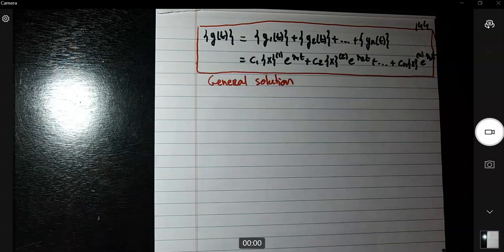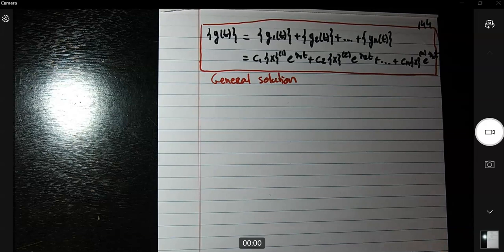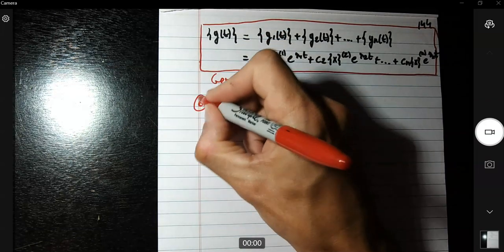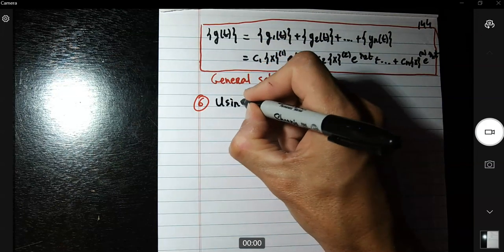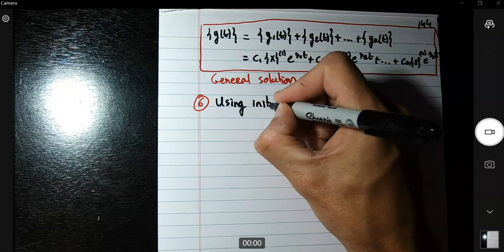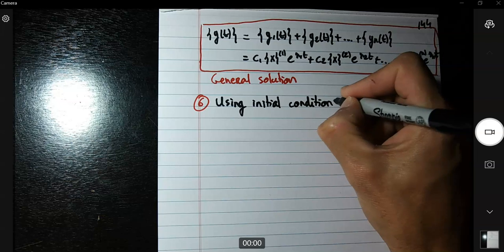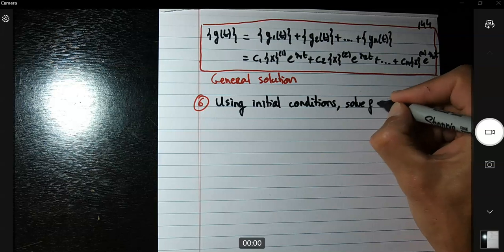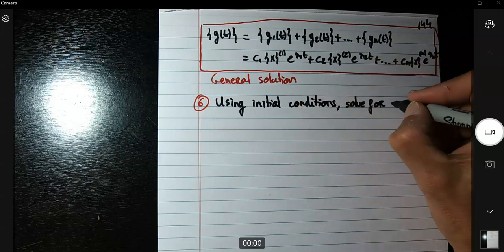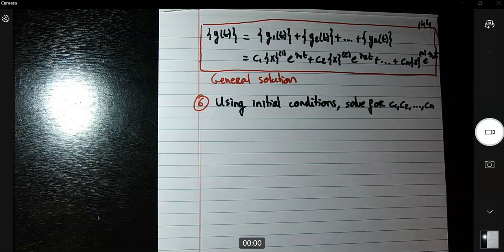Okay, so step 6. Using initial conditions, we're going to solve for C1, C2 up to Cn.